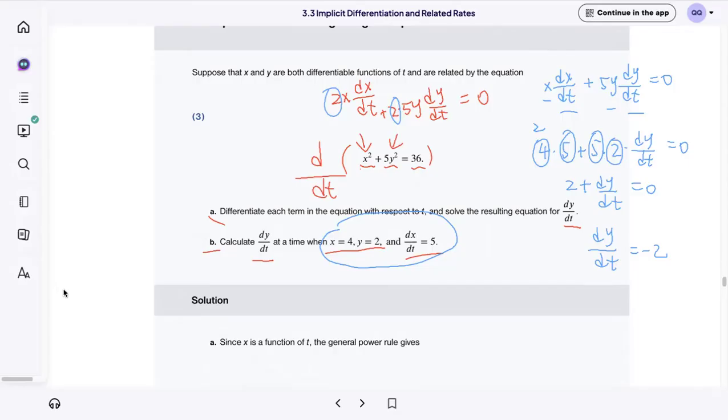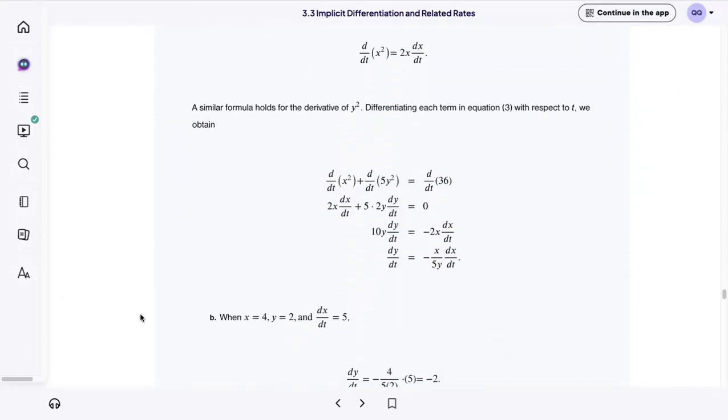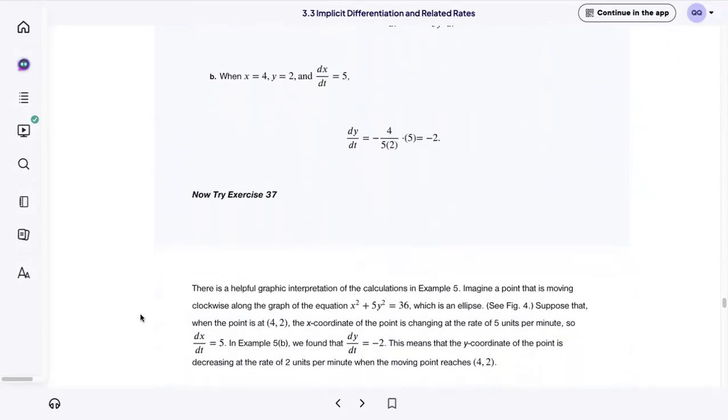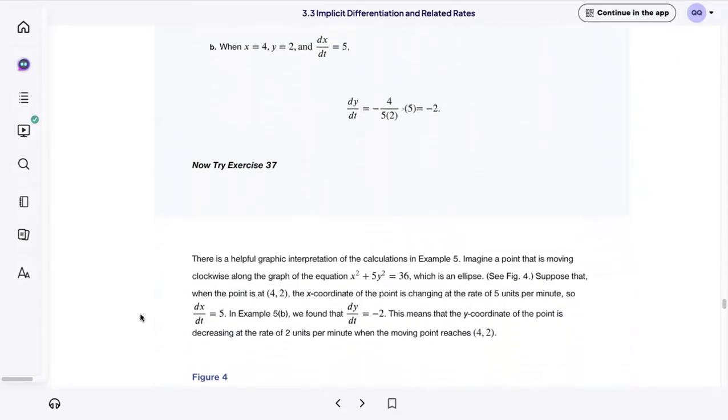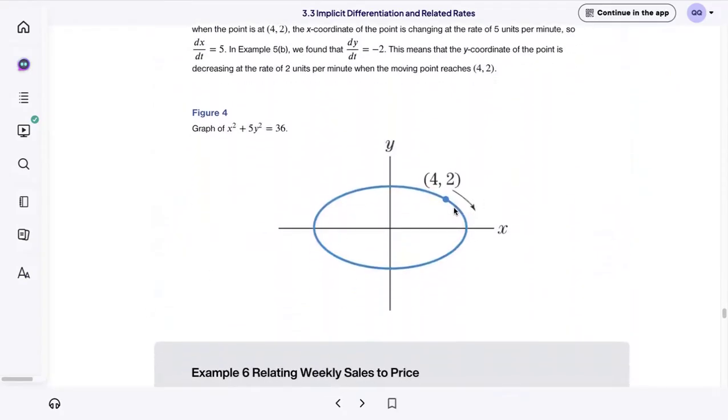Let's see more examples. So the picture is showing here, right? If you imagine something is on this circle, let's say this circle is spinning, right?